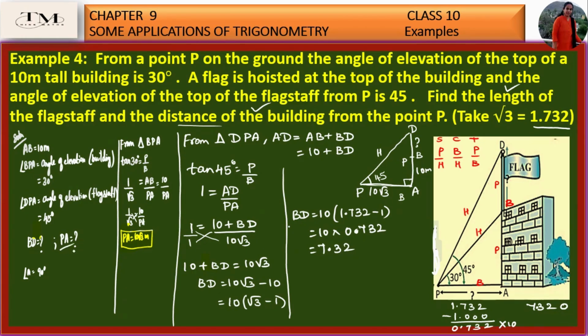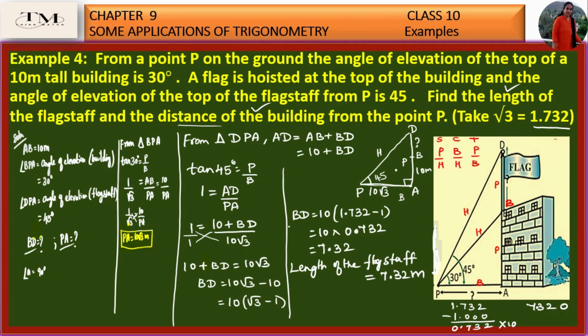So we found PA as well as BD. What is BD? This is the length of the flagstaff. So we can write length of the flagstaff equal to 7.32 meter. We found PA. What is PA?